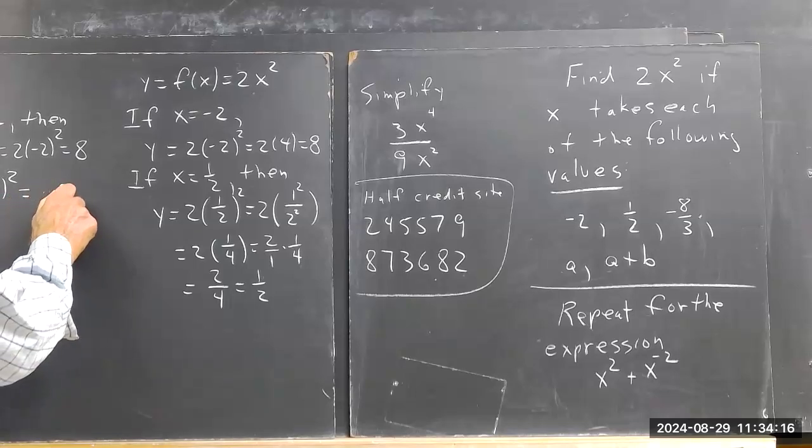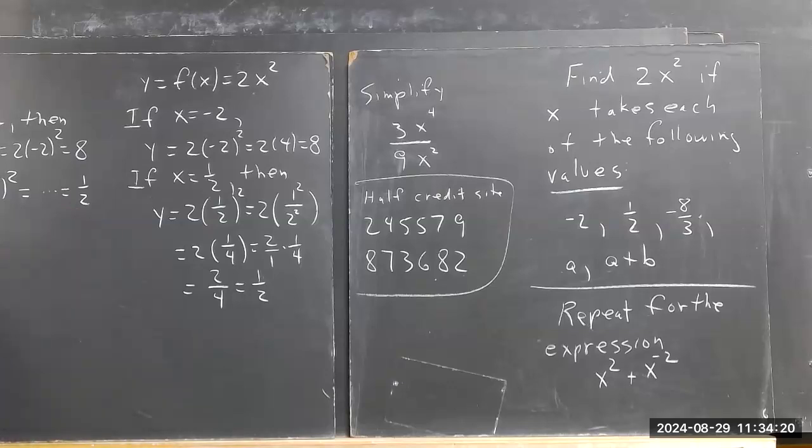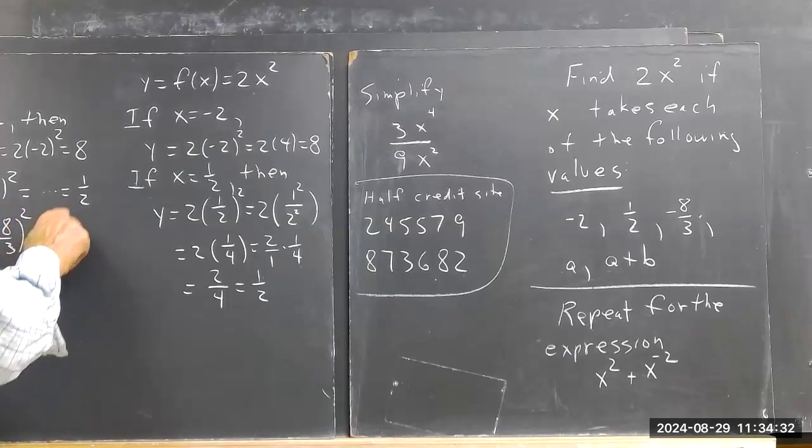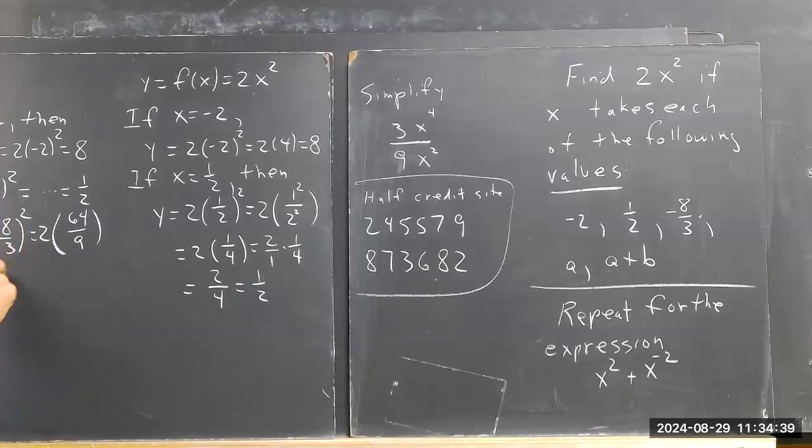Well, I'm not going to write out the details. That is 1/2. And then I'm going to write it this way. F of -8/3 gives 2 times -8/3 squared, which is 2 times 64/9, without writing the 8 squared over 3 squared, but you should see that in your head.